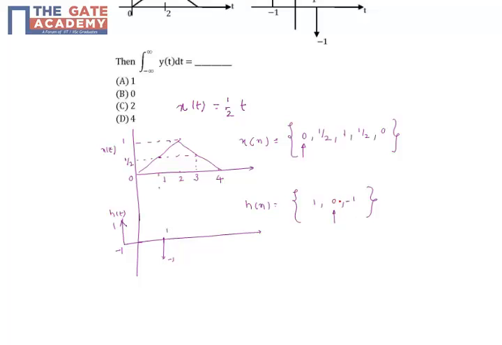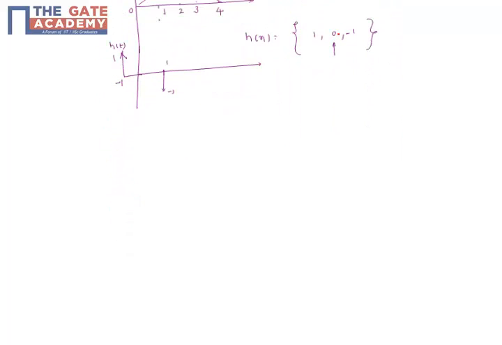Now I want to find the convolution of these two signals. For this, I will put it in the form of a box. Here I will write x of n and here h of n. The x of n values are 0, 1 by 2, 1, 1 by 2 and 0, and h of n is 1, 0, minus 1.